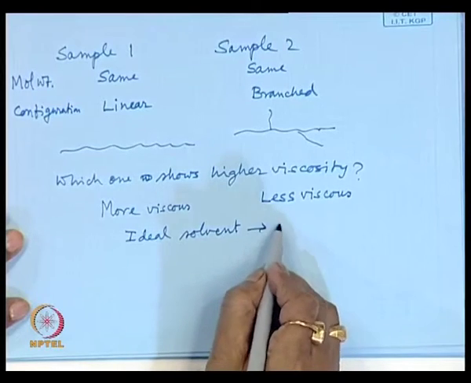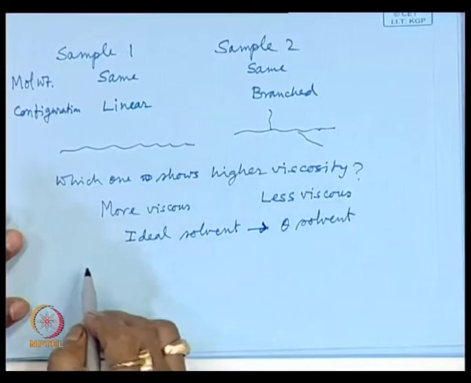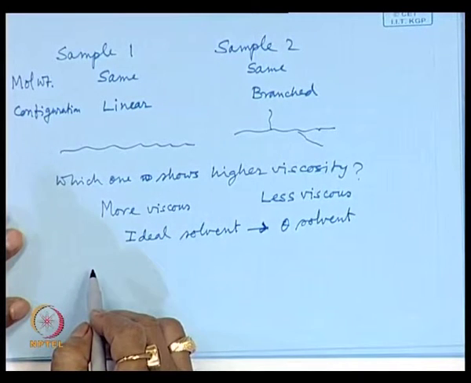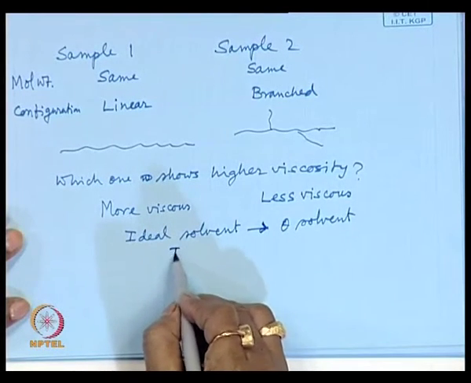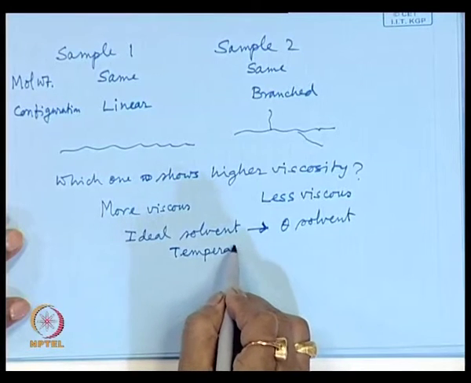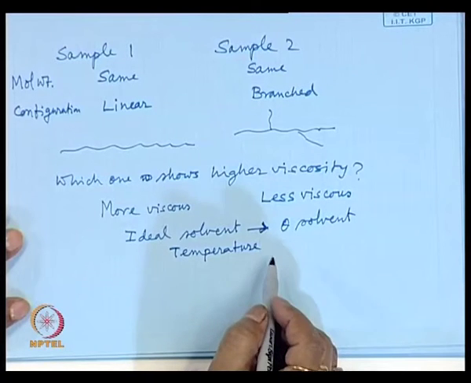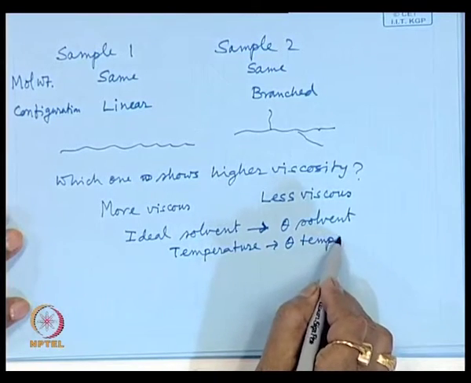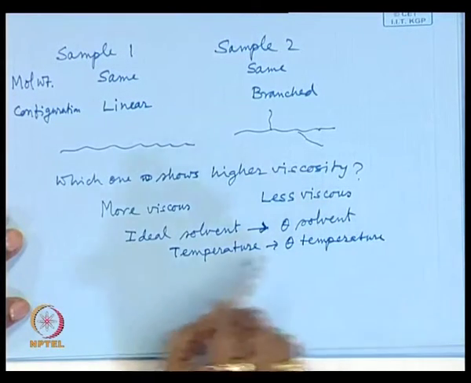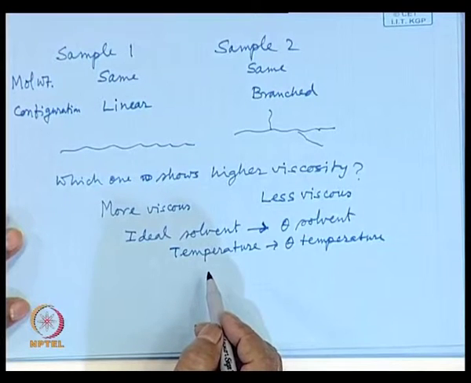It is known as theta solvent, and the temperature at which viscosity is measured is known as theta temperature. That means, it is a hypothetical or ideal situation where the solvent-polymer interaction is minimum.